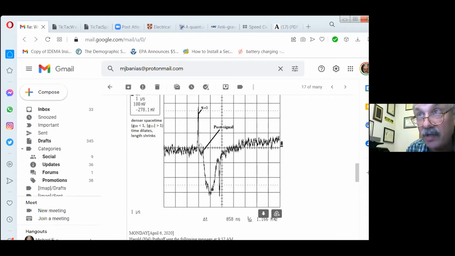So it's time delayed. Now, I don't have a pit signal right here, but it does the opposite. It goes up like this, but then there's a pre-signal. So when you go into the future, basically moving matter can, a little bit of it goes into the future. Now the other interesting thing I would like to share is when we're talking about quantum tunneling, I'm going to go off the share.